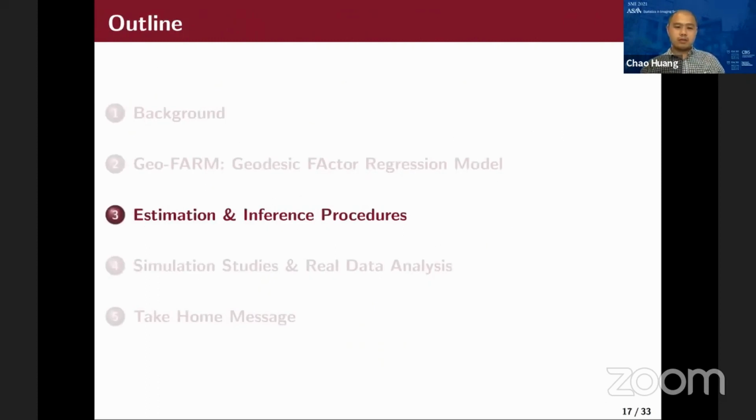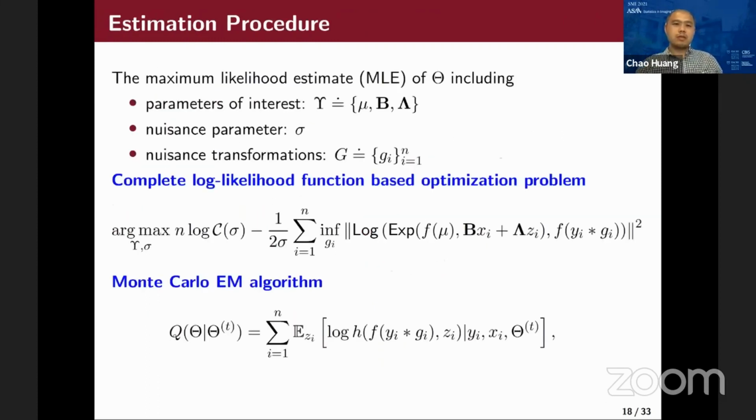And now we go to the estimation and inference procedures. The key aim in this estimation procedure is to get the maximum likelihood estimation of all three different parts. One is the parameters of interest, including the base point, all these tangent vectors related to the predictors, and also the loading matrix for the factor model.